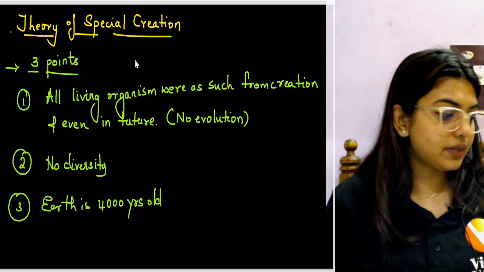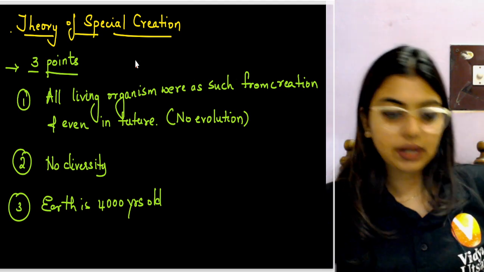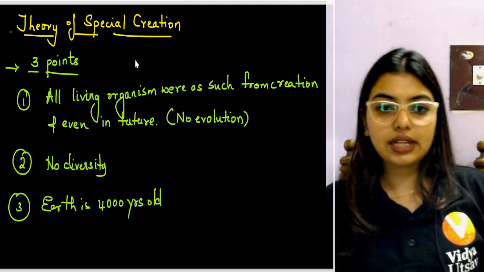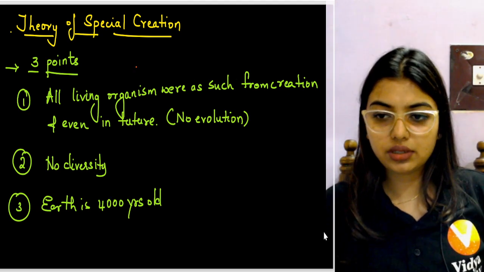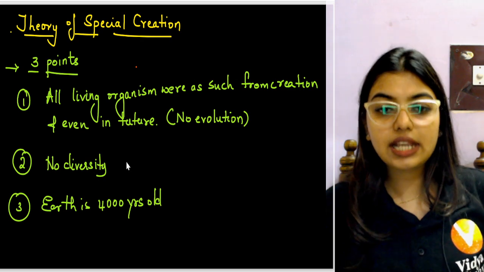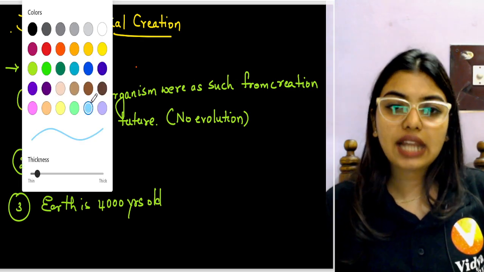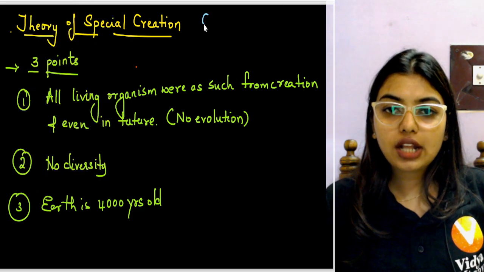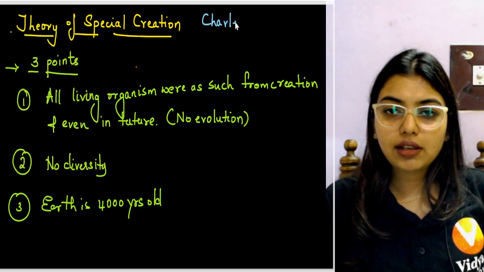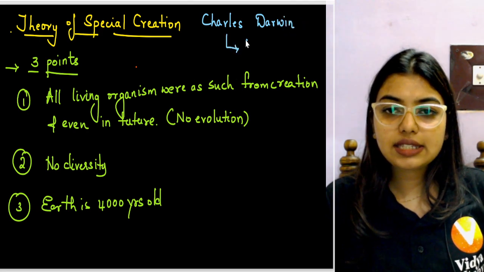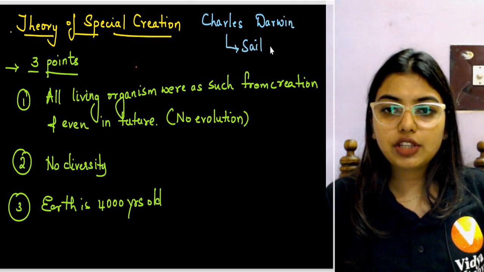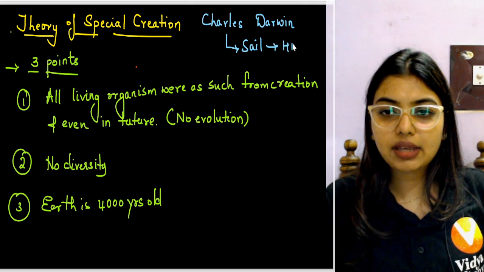Okay, this was the thing. Next one: earth is 4,000 years old. These were the three things. Then students, to check or have clarity on all of this, Charles Darwin went on a sail with the ship called HMS Beagle.